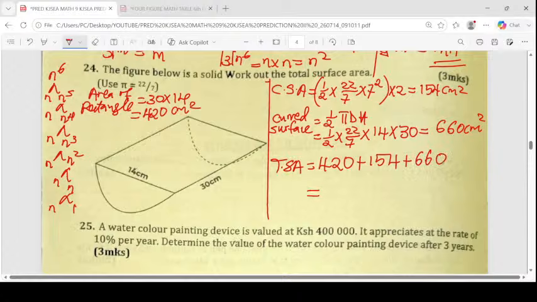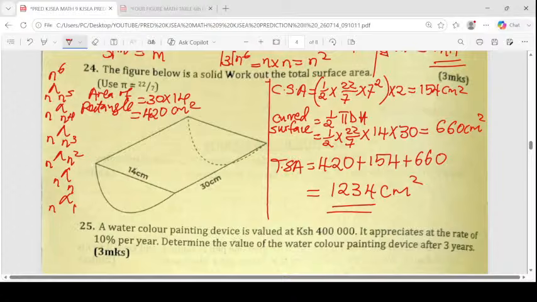When you sum all three, you get 1,234 square centimeters as the total surface area of that solid. I hope that is very, very clear.